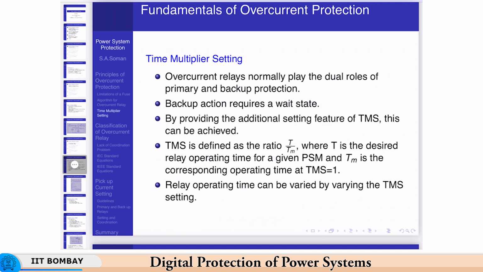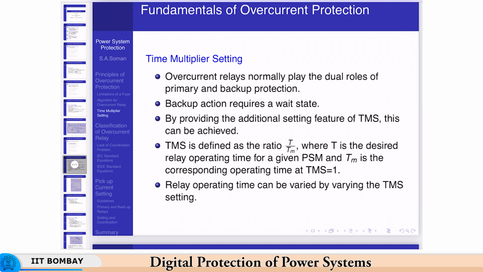To delay the backup protection, because you have to always give the primary protection a chance to clear the fault first. Otherwise, what will happen is if the backup relay operates, it will remove more elements from the network than desired, and it is not an ideal situation that you want.